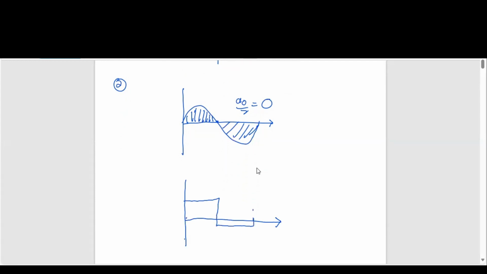There's T. It's still periodic, but you can clearly see that this area here is not equal to this area here. So when you actually do the integration, you will not get 0 because the area under the x-axis does not equal the area over. Because of that, you will have a DC component.